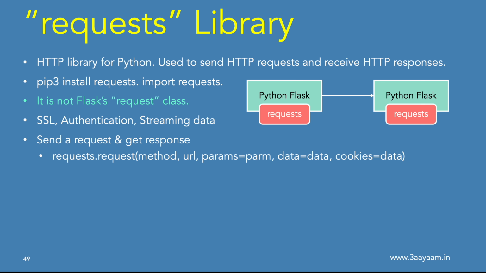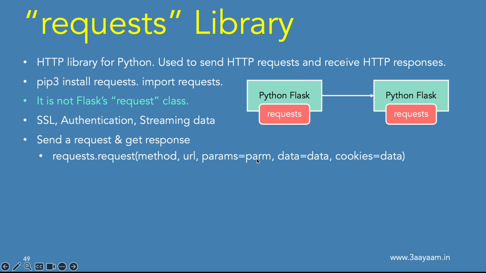So after we import this library, we use the requests.request method to send the HTTP method, the URL and the parameters. Now the method that you see here is an HTTP method which can be either get, put, post, delete, patch, etc. And the URL would be the URL endpoint followed by the parameters if you have to pass any. So let's say I want to pass two variables or two parameters.